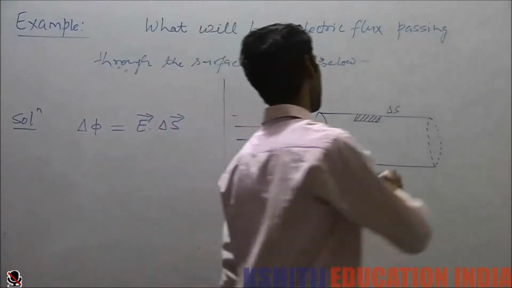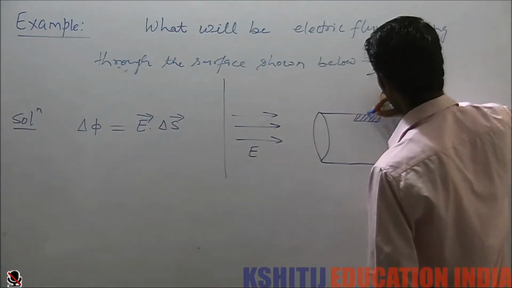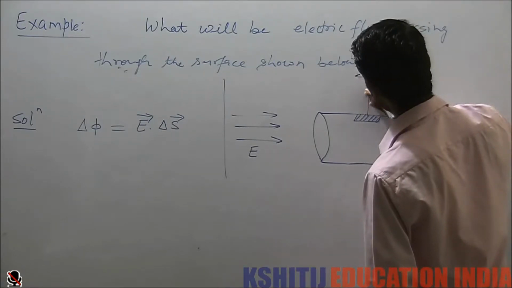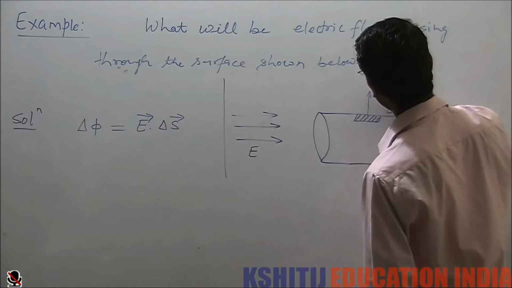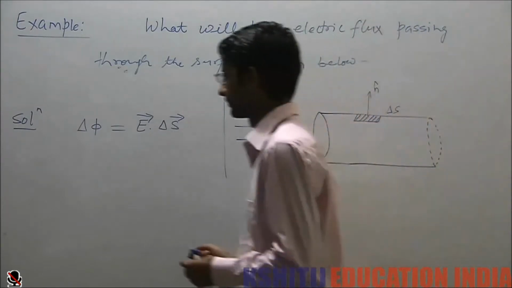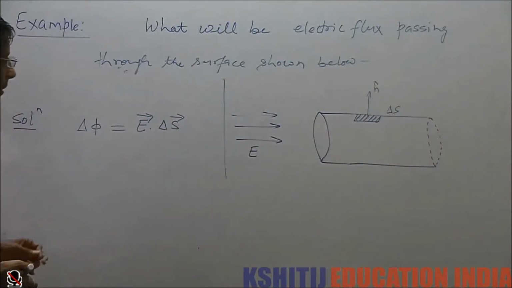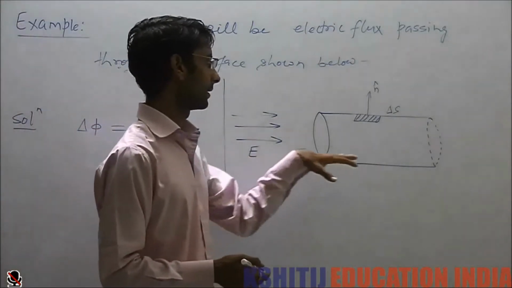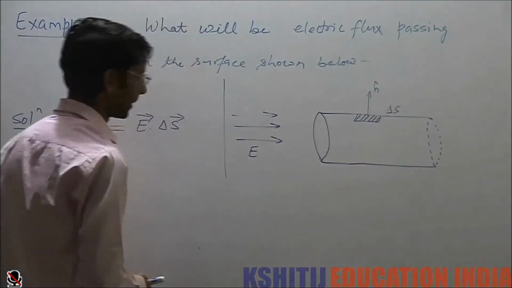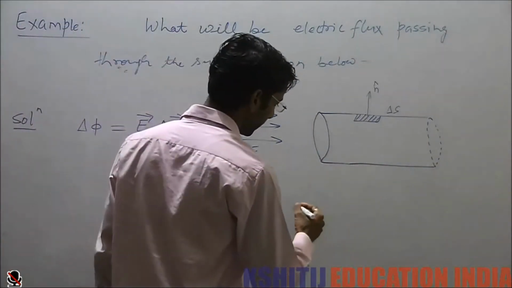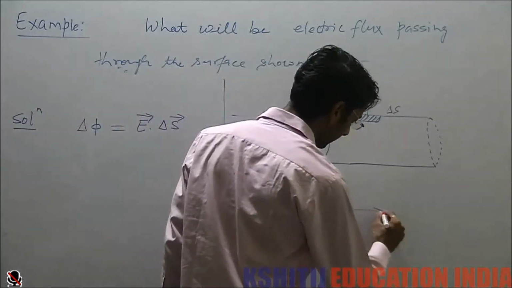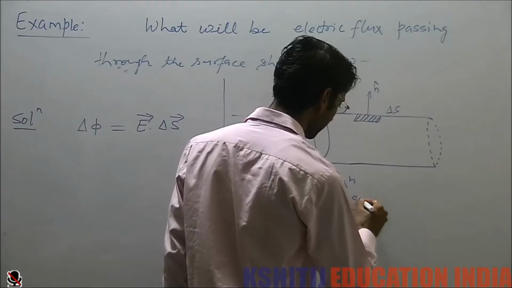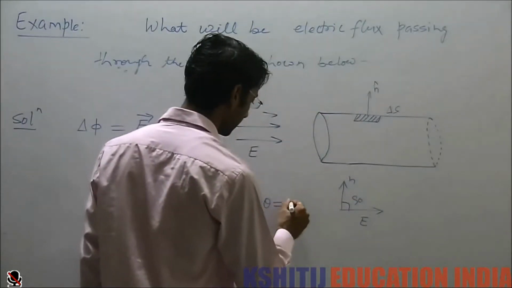Now, the surface area vector, the positive normal, will be pointing upward on this surface. The electric field is directed in this horizontal direction. Based on this, the angle between the electric field and the normal vector is 90 degrees. So theta is 90 degrees.